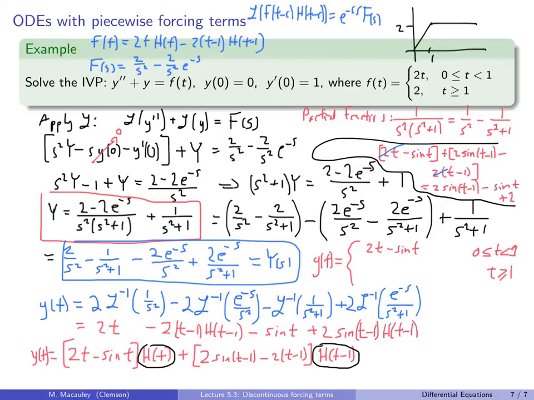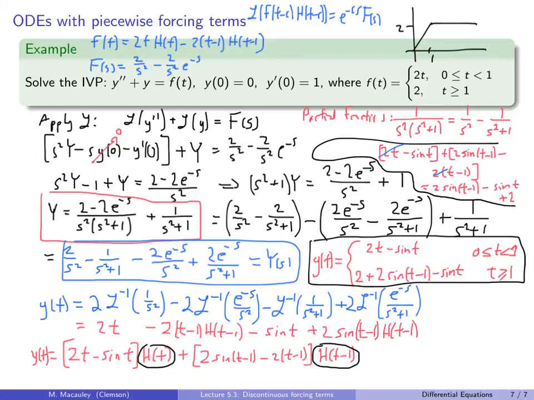Okay, so let's move this whole thing down here. I'm going to write this as 2 plus 2 sine of t minus 1 minus sine of t. So this is our final answer, written in bracket notation.